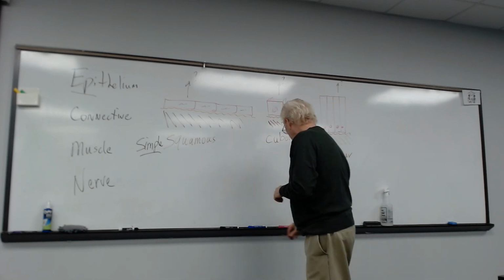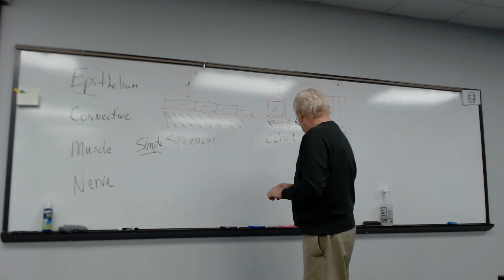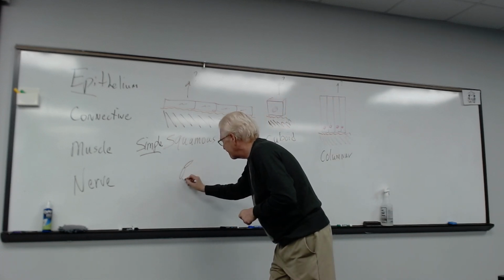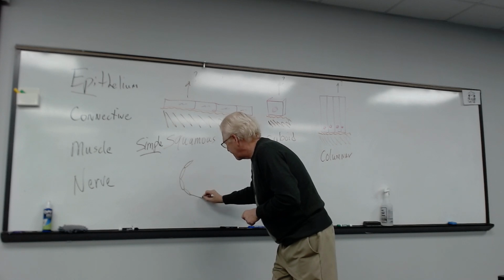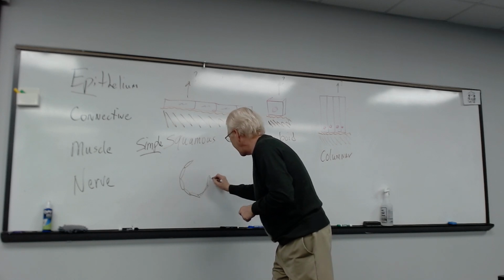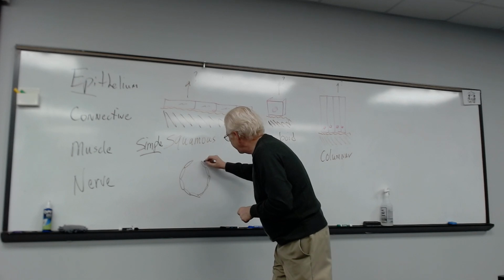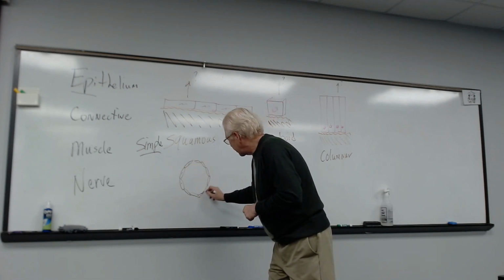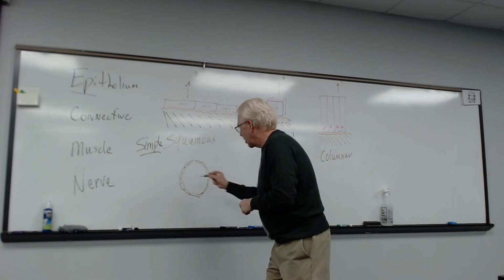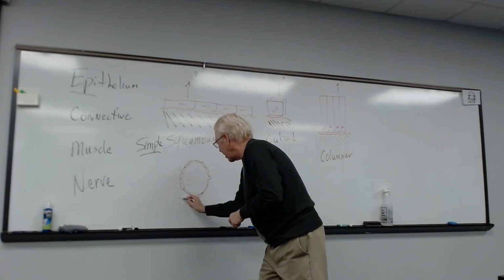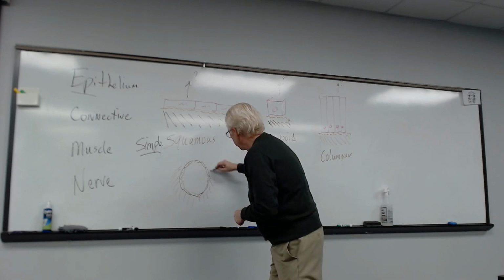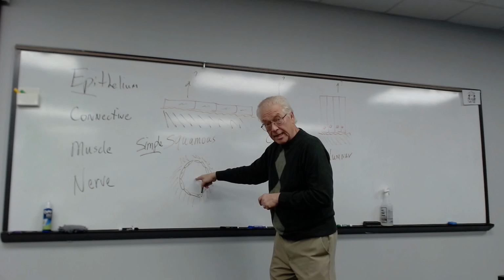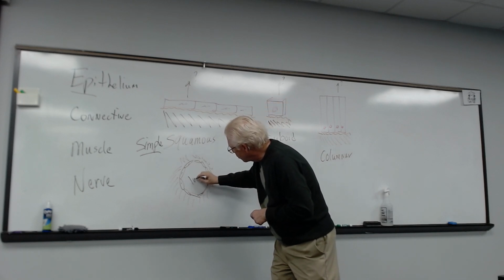So, let's draw a quick simple squamous scenario. Bunch of little flat cells, and look, they're kind of making a circle. And now remember, out here, connective tissue. But inside there's nothing. We call that the lumen.